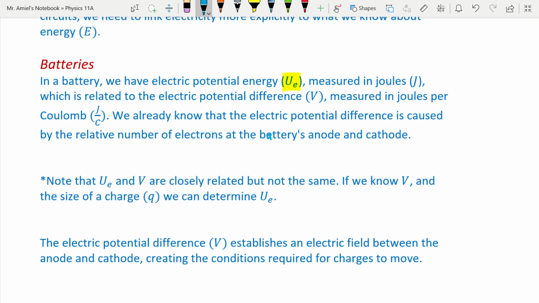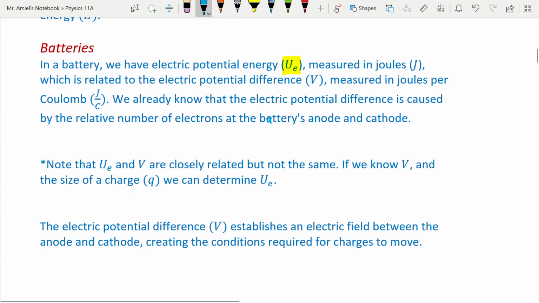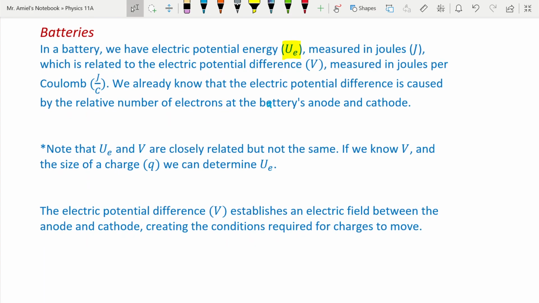And I just want to make a note before we go on and revisit this idea of the battery's anode and cathode and looking at the electric potential difference. I want to make a note here that the electric potential energy, or that U sub E, and the electric potential difference, which is measured in voltage, and actually more specifically, we're interested in the change in potential energy, and we're interested in the change in the potential difference.